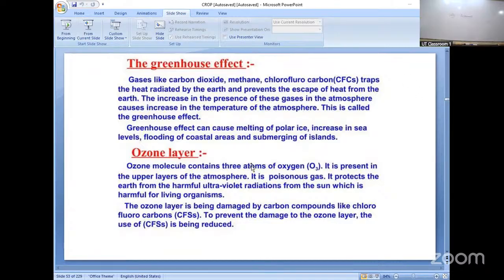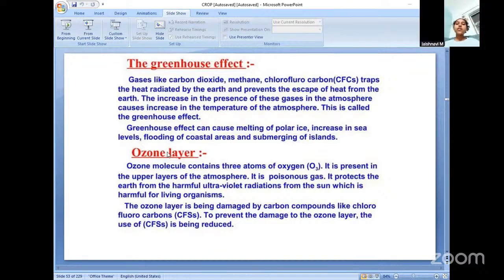So it should be prevented. Now, this CFC, the chlorofluorocarbon. Do you know what the ozone layer is? The ozone layer protects the earth from the harmful UV rays coming from the sun.